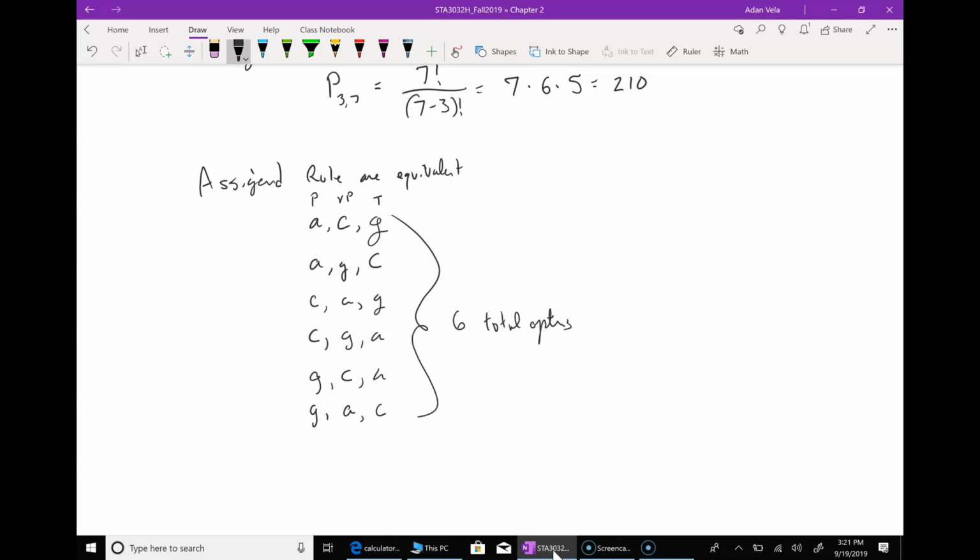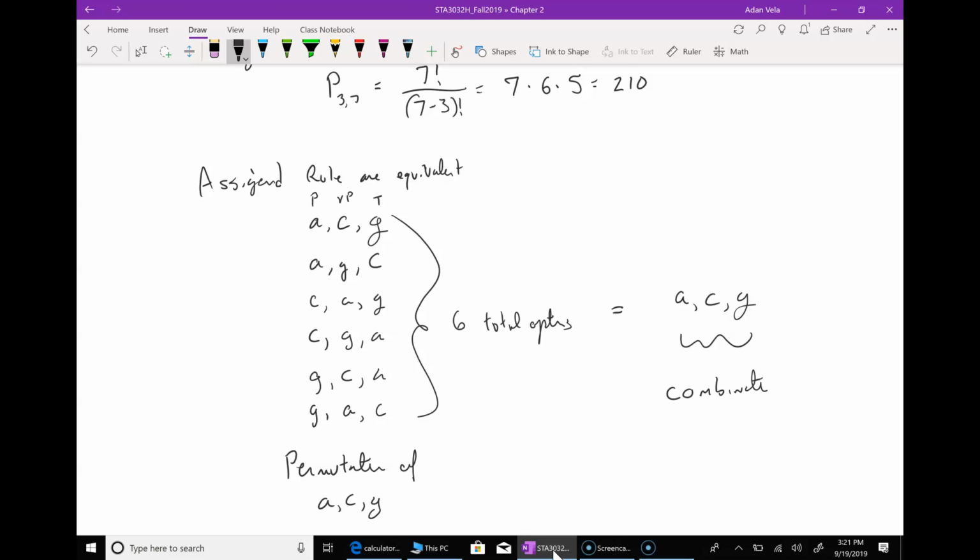We have 6 total options for how we could have created permutations with A, C, and G. Okay? But what we're saying is we don't actually care because now we've made them a junta where they're all equal, right? So we're going to say these 6 options are equivalent to one combination. So these are all the permutations. All right. Well, this guy is the combination.